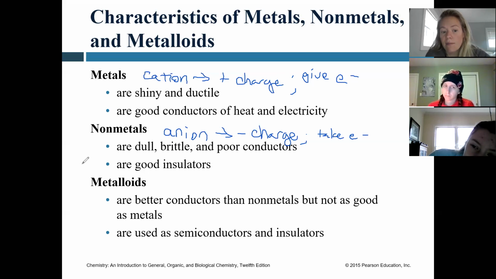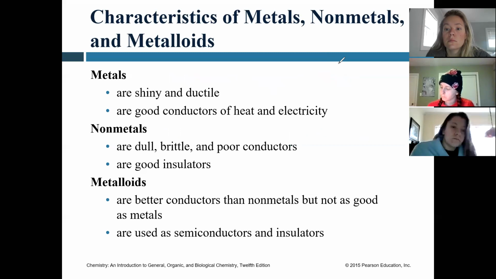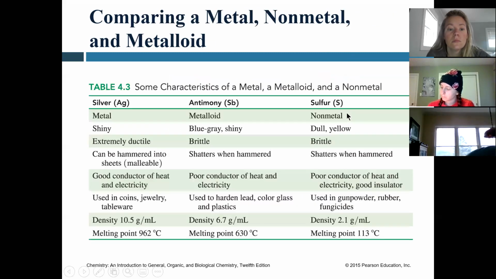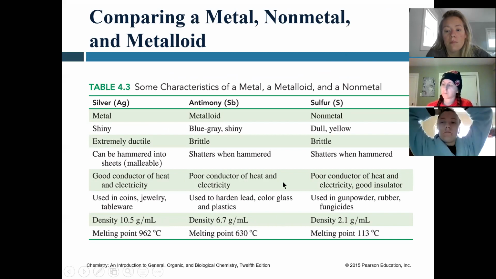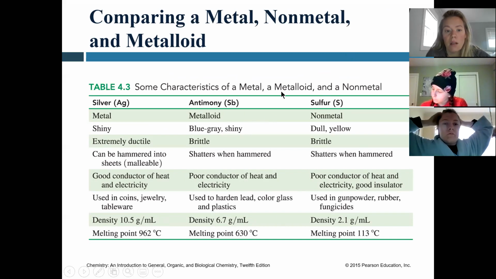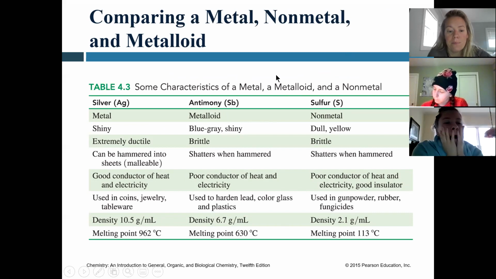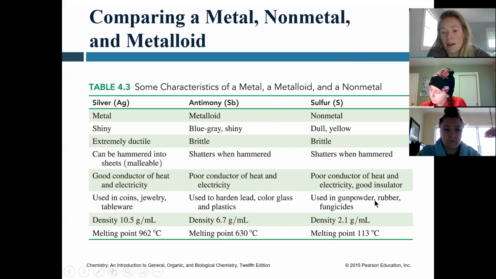We call it Silicon Valley because silicon is a metalloid that's really great for electronics. Here are some other properties of metals, non-metals, and metalloids. Metals in general tend to have a higher density than non-metals.